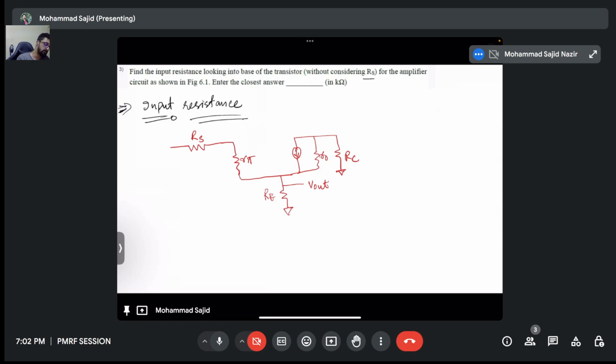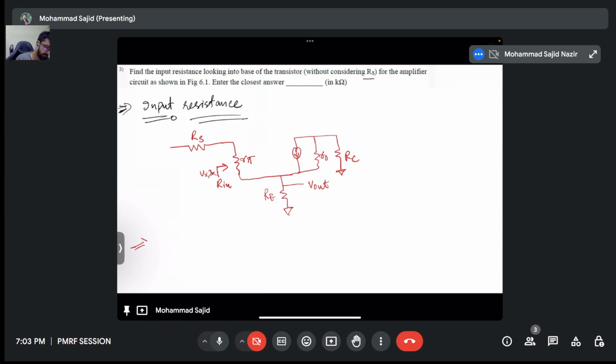Now, if I need to calculate the input resistance, let me call it Rin. I will attach a source of VX, IX here, or directly IB. Let me just call it VX, IX for now.